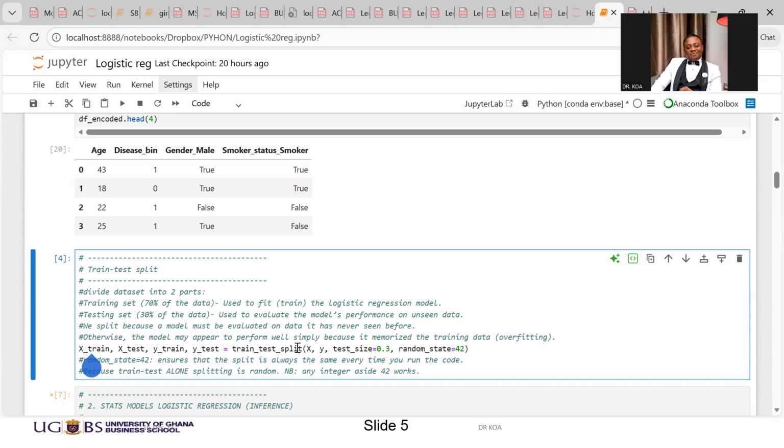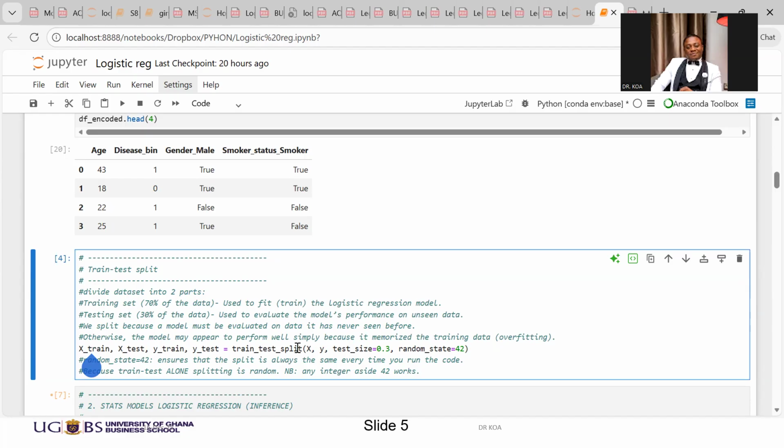You train the student, who will solve a lot of past questions, mock exams, to train. Then in the actual exam, which is a test, the 30% test data, that is the exam they haven't seen. So that is sometimes called unseen data. You want to look at the performance of the student on this unseen data.